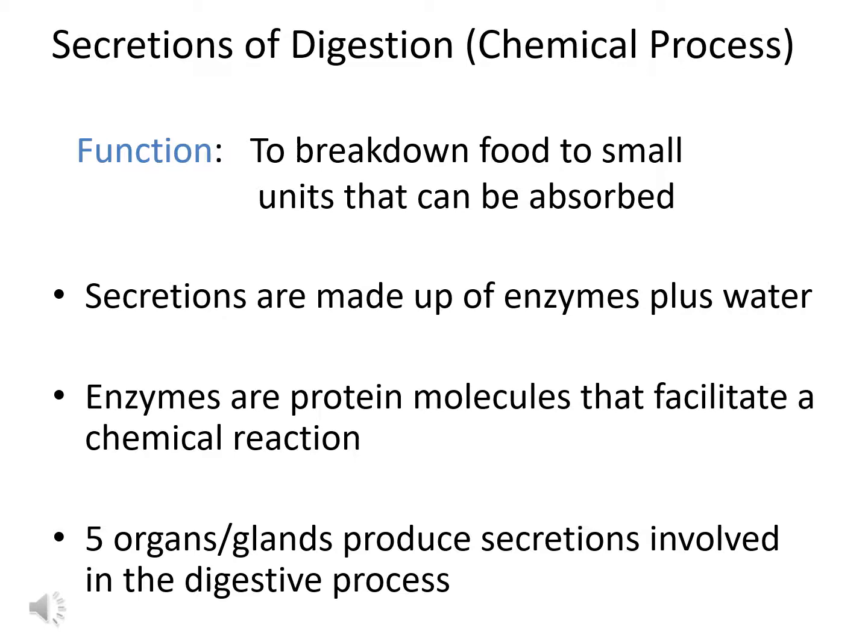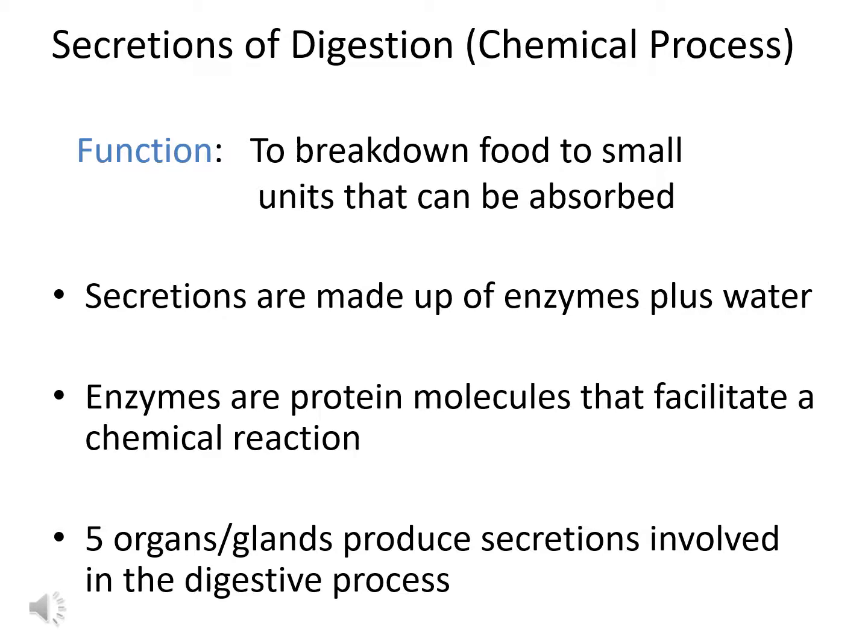The other type that I mentioned are the chemical processes, and these involve specifically secretions. These secretions are necessary to break down the food that we're consuming to very small units, which can then ultimately be absorbed. So what are secretions? Secretions are simply enzymes plus water.